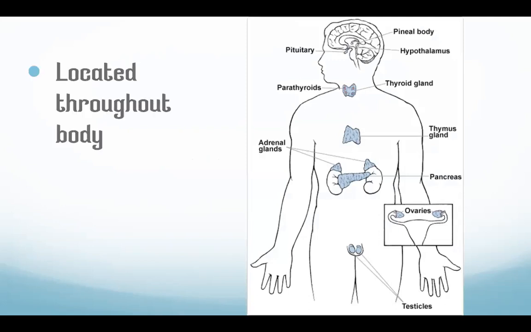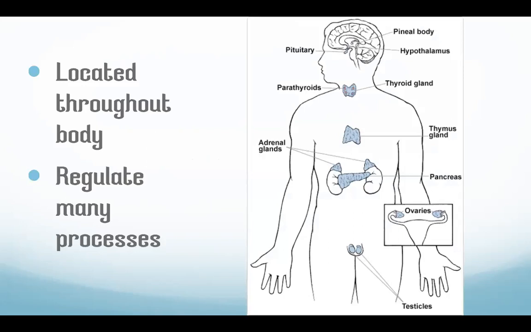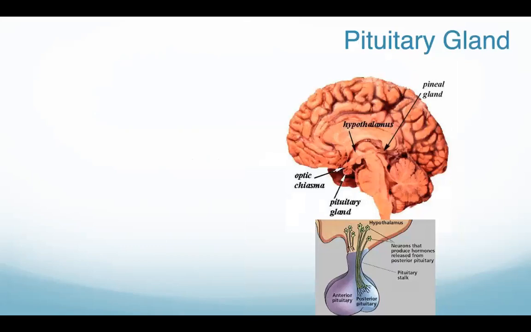You can see that they are located throughout the body. And depending on the endocrine gland, you're going to have different hormones that are going to control different processes. The main endocrine gland is the pituitary gland.